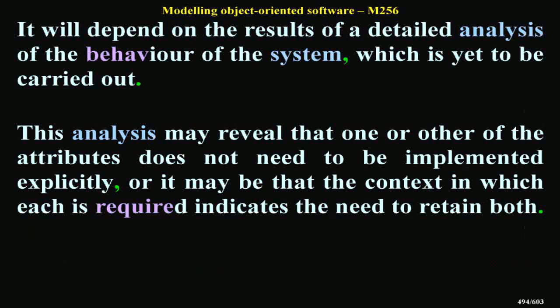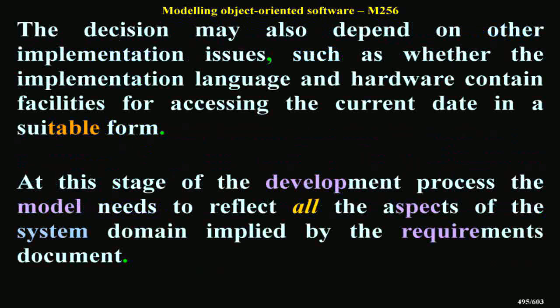It will depend on the results of a detailed analysis of the behavior of the system, which is yet to be carried out. This analysis may reveal that one or other of the attributes does not need to be implemented explicitly, or it may be that the context in which each is required indicates the need to retain both. The decision may also depend on other implementation issues, such as whether the implementation language and hardware contain facilities for accessing the current date in a suitable form.